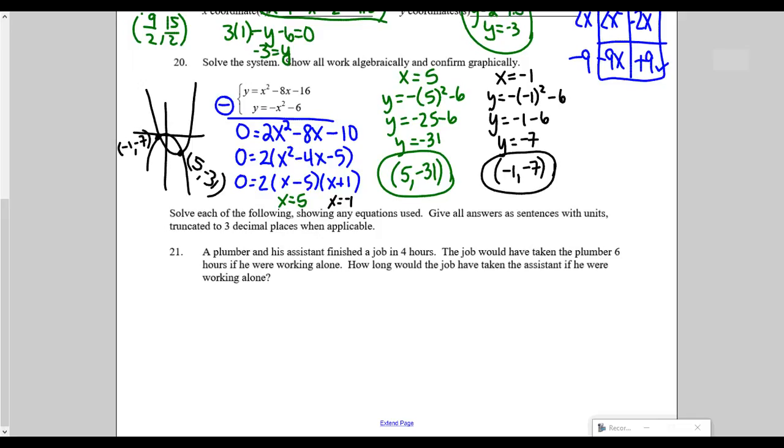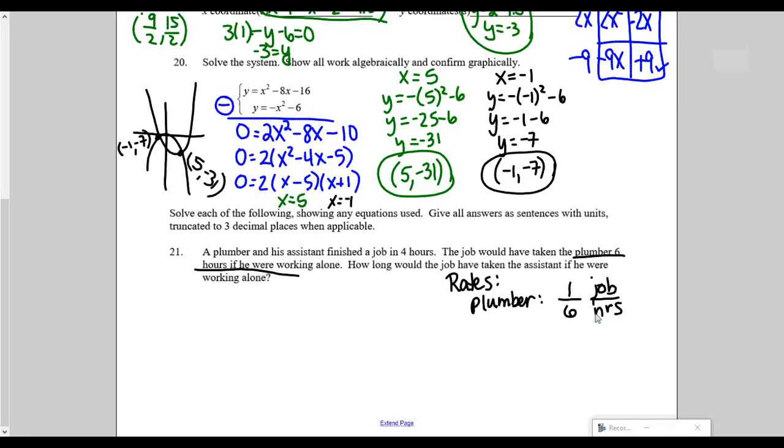Okay, so what we like to do for these is we like to come up with our rate. So for the plumber, what does the plumber do? The plumber would do the job in 6 hours if he were working alone. So the plumber does one job every 6 hours.